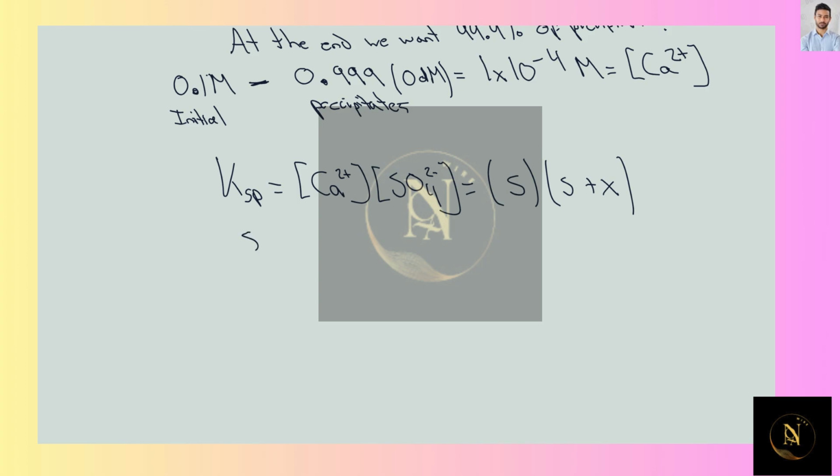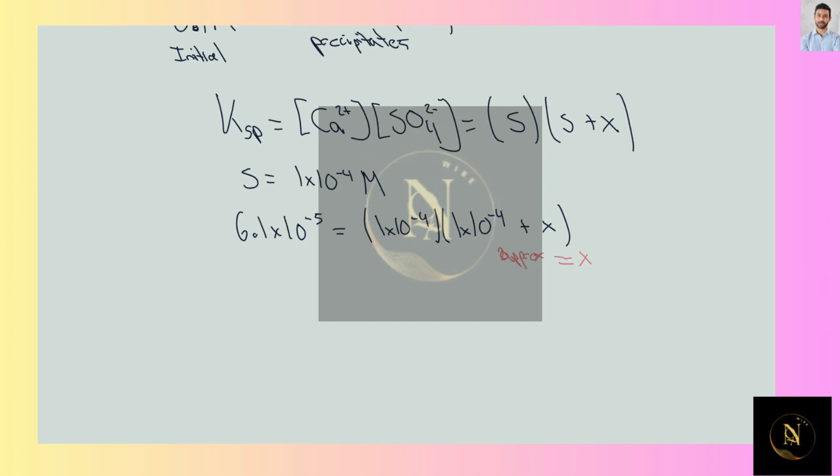So the value for S, we said that it needs to be 1 times 10 to the minus 4 molar. So KSP, which is 6.1 times 10 to the minus 5, is going to be equal to 1 times 10 to the minus 4 times 1 times 10 to the minus 4 plus X. At this point, we could approximate this as being approximately equal to X, or we can solve the full equation. In both cases, you're going to get super close results.